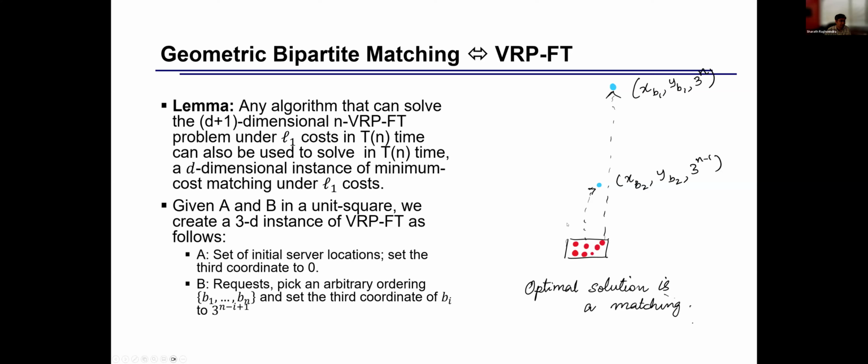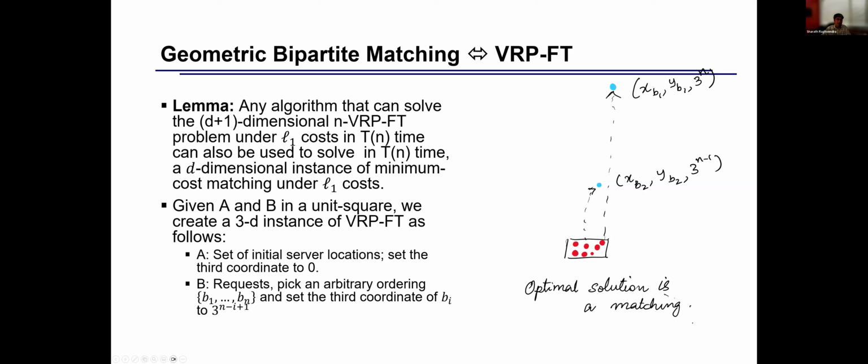So in the end, you get n distinct paths. Each path is essentially a single edge, and what you end up getting is a matching. And because we are dealing with L1 distances, the costs are decomposable. In other words, you can argue that the matching you get here as the optimal solution for the fixed time vehicle routing problem is also the optimal solution in the 2-dimensional plane.